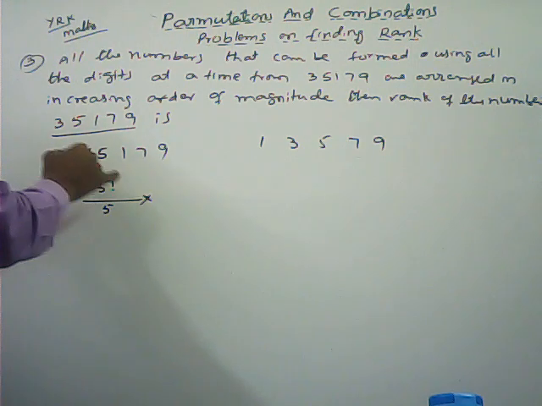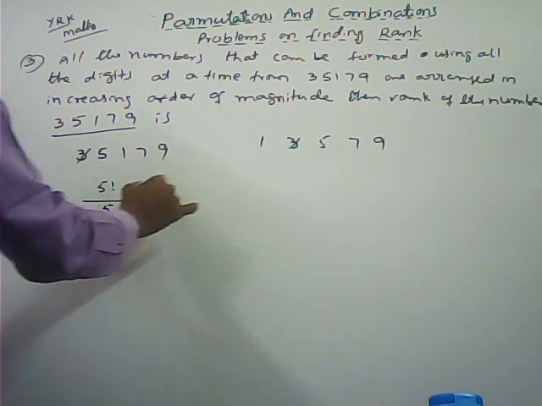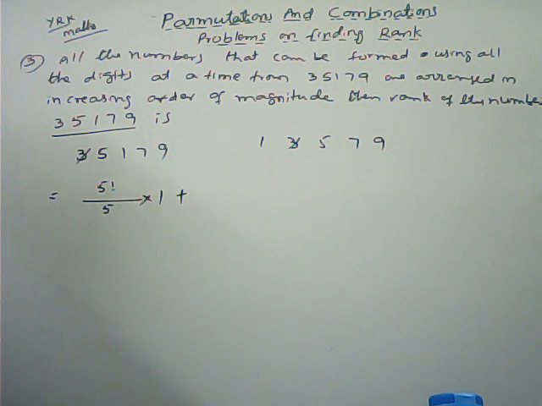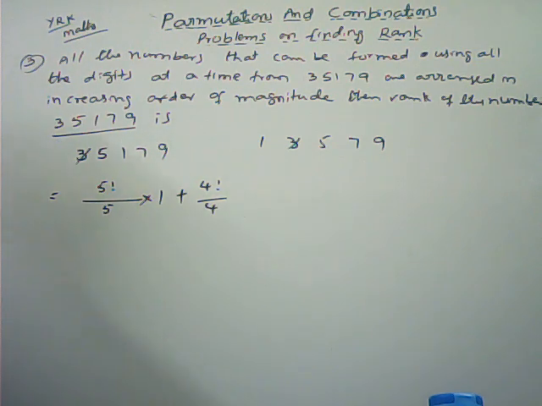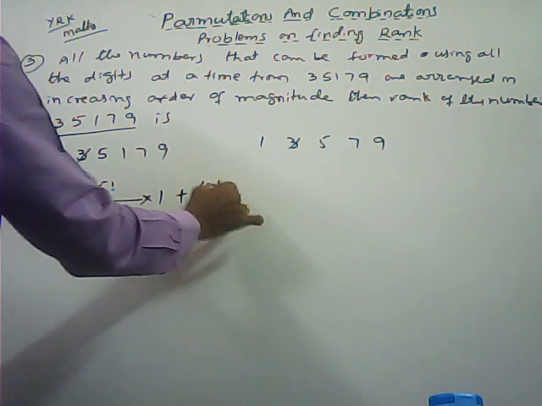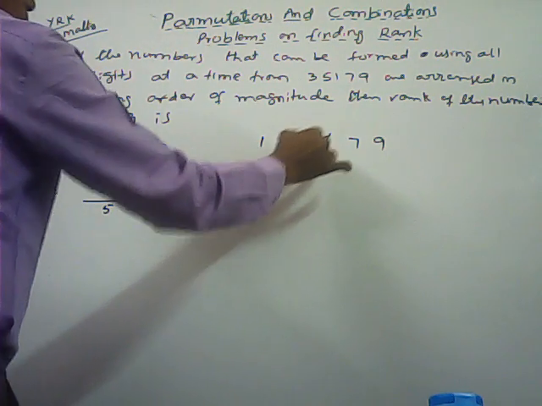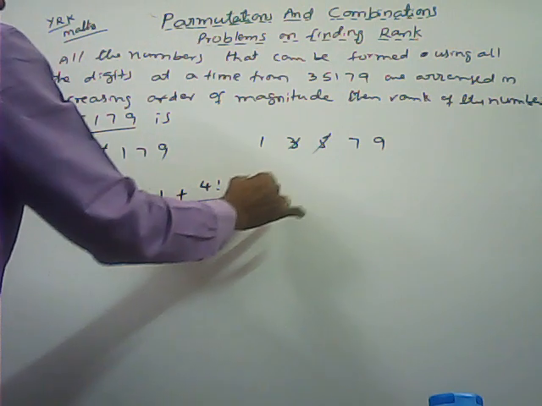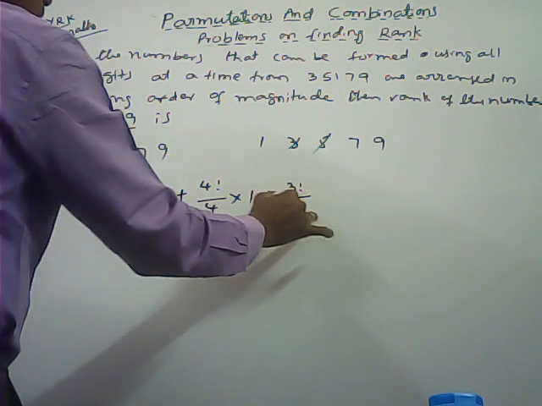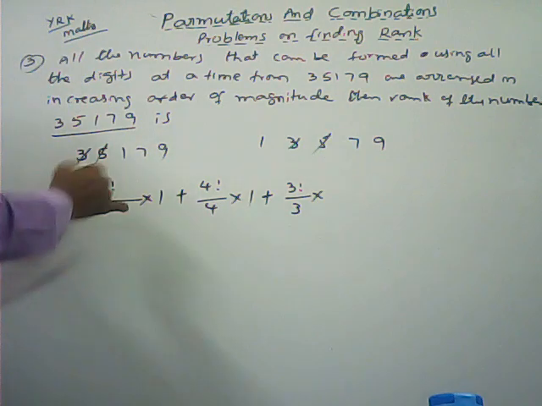Into, if I cancel 3, before 3, 1 is there. Only one number is there. Here 4 factorial upon total number of digits. How many are there? 4 are there. Into, here cancelling 5. Before 5 how many digits are there? Only one digit is there. Plus 3 factorial upon number of digits 3.